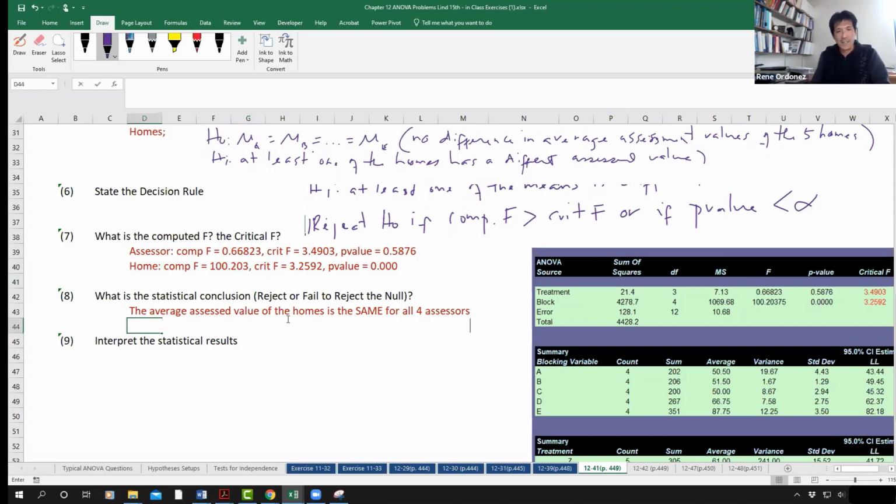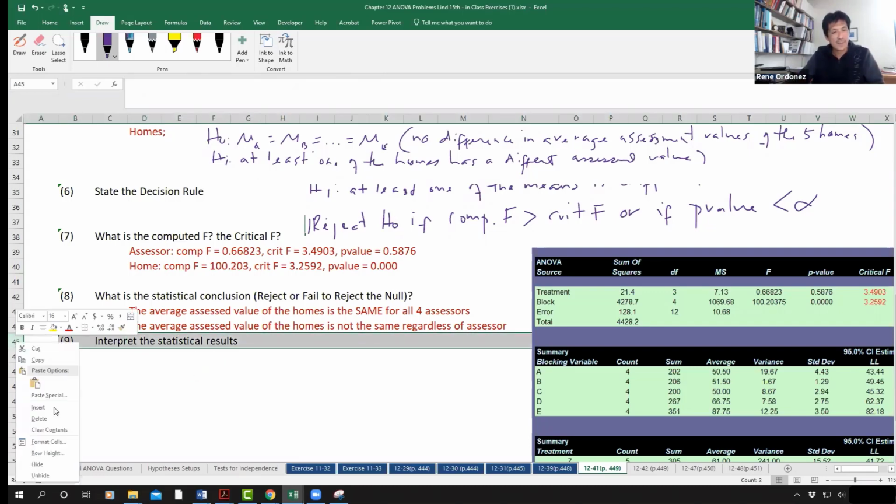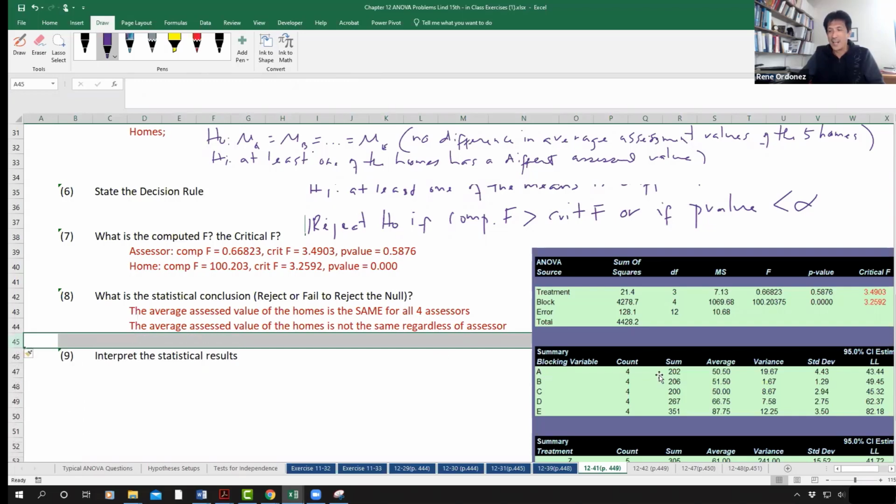Then we will conclude that the average assessed value of the homes is not the same regardless of assessor. Meaning at least one of the homes is valued differently. Which one is that home?